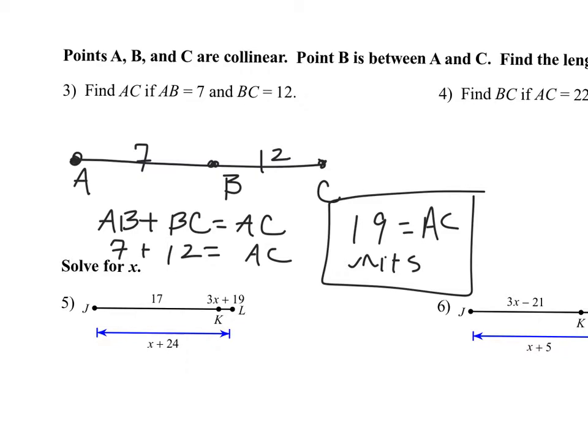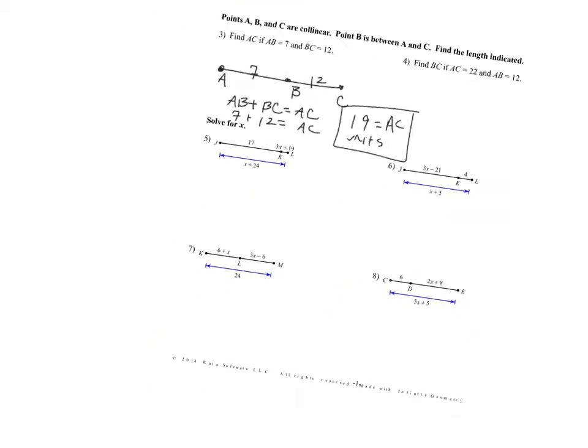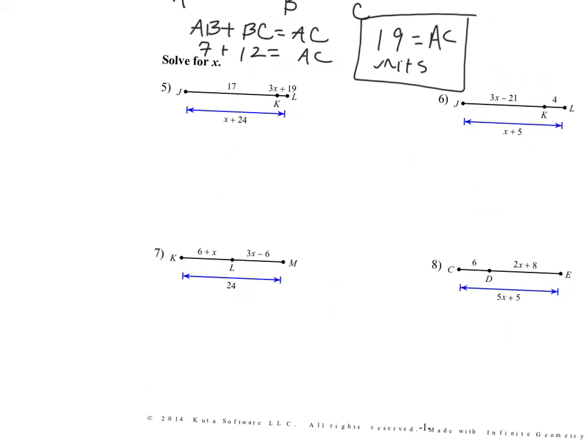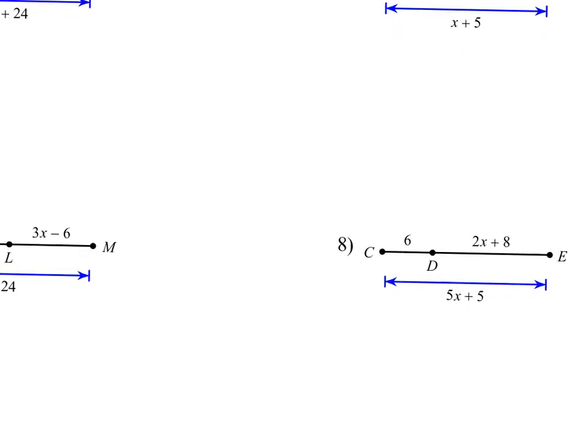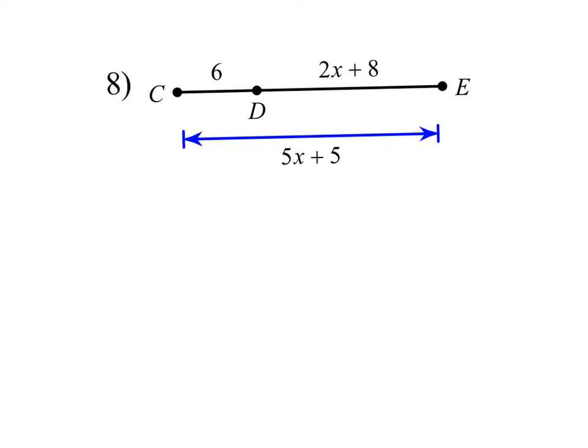Okay, another thing we can do is throw some algebra at you, right? Again, if we know the segment addition postulate, it doesn't change anything that we've been doing. The segment addition postulate says the small piece plus the other small piece equals the whole piece. Now let's put that into an equation.